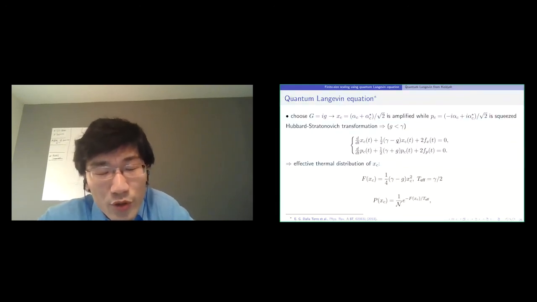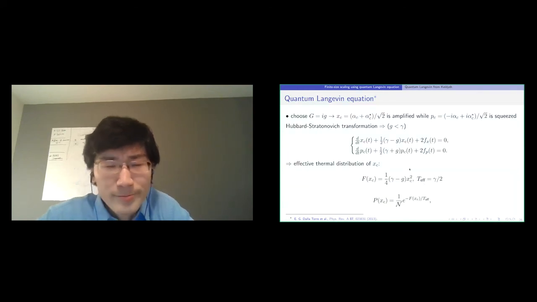Then if you want to solve the steady state of x classical and p classical, you will get an effective distribution of them. For example, the distribution of x classical is just given by this Boltzmann distribution. Here, the free energy is given by this quadratic potential. It's just a harmonic potential. And the effective temperature is gamma divided by 2. It comes from this noise.